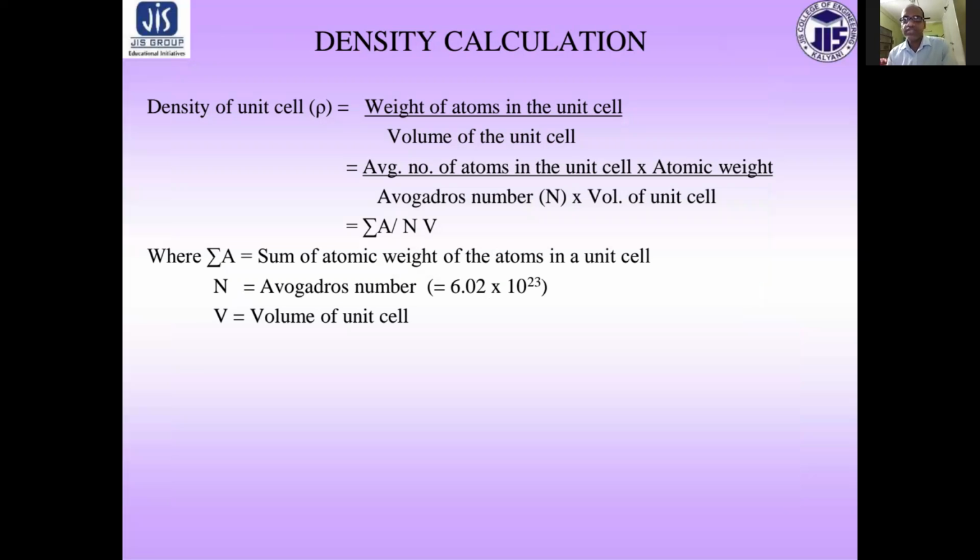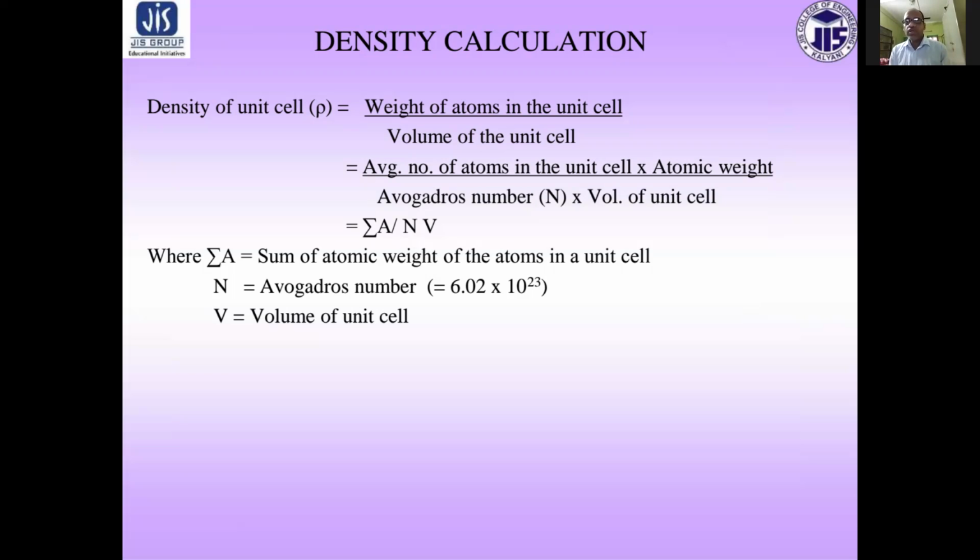Now the next part is density calculations, or the volume density. The volume density of a metal can be calculated as the weight of the atoms in the unit cell divided by the volume of the unit cell.